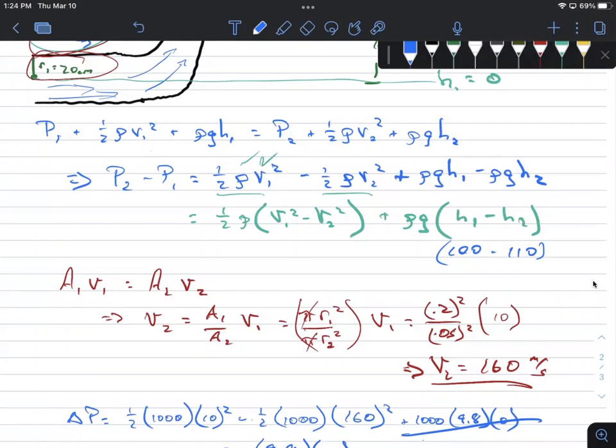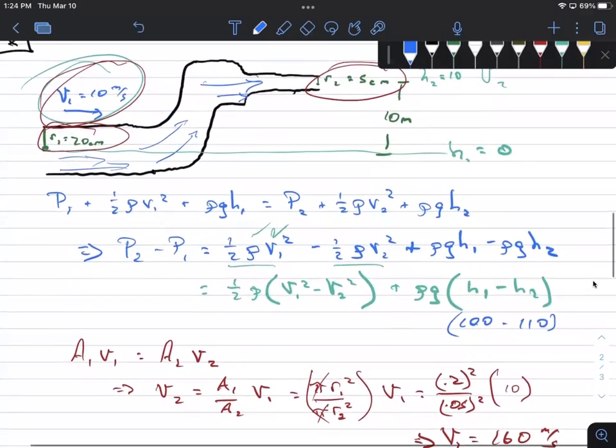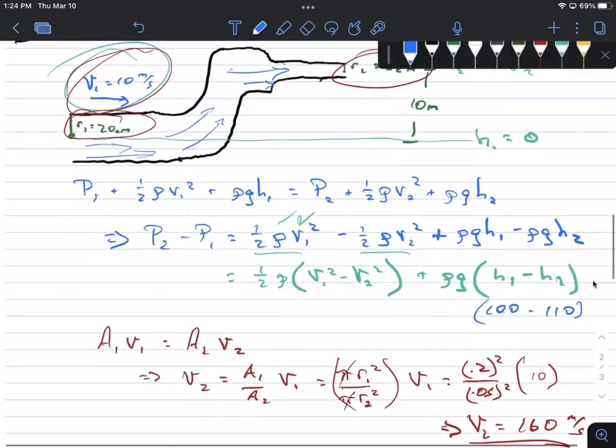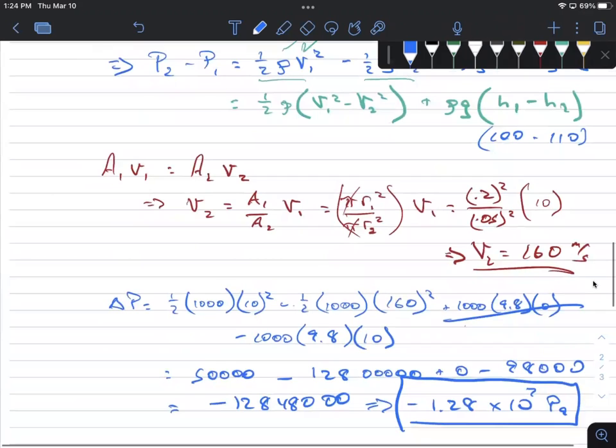So since it doesn't matter, you choose the easiest. And the easiest is the lowest height is 0 and everything else is with respect to that height. That's why I call H1 0 and H2 10. All right, so any questions about this example?